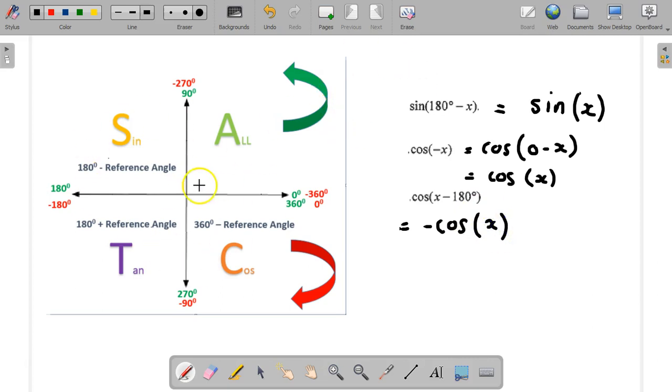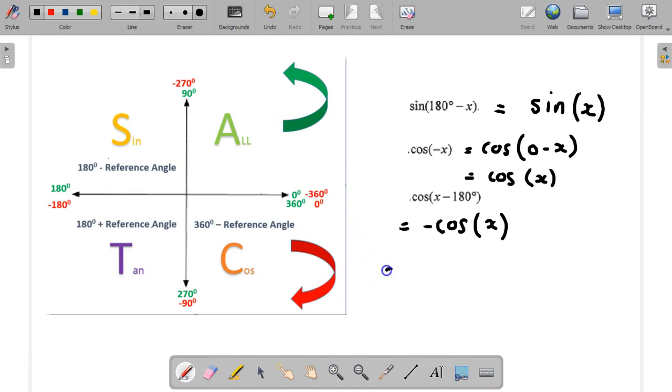So now you see how I can use this to simplify my functions and relate them back to the first quadrant.